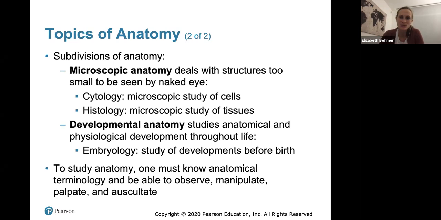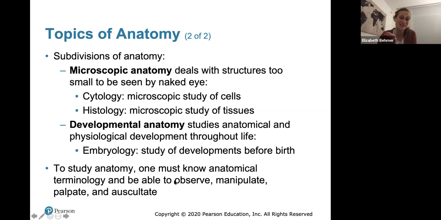Microscopic anatomy deals with structures too small to be seen by the naked eye. Cytology is the microscopic study of cells, and histology is the microscopic study of tissues. And then developmental anatomy studies anatomical and physiological developments through life, with embryology specifically being the study of developments before birth.